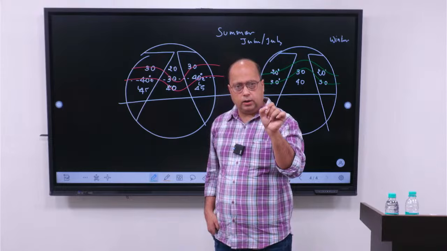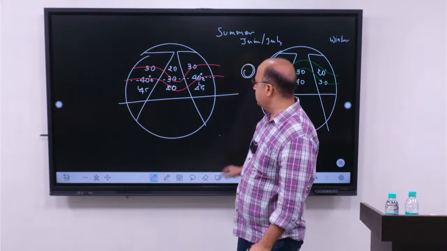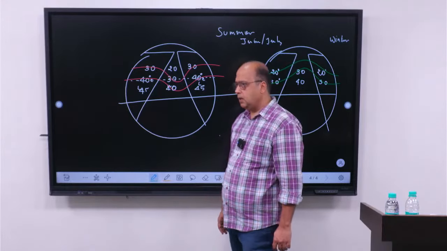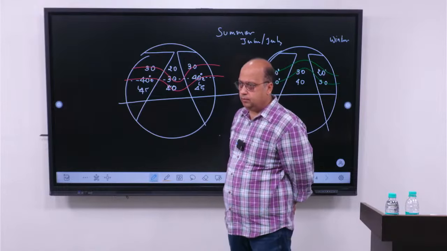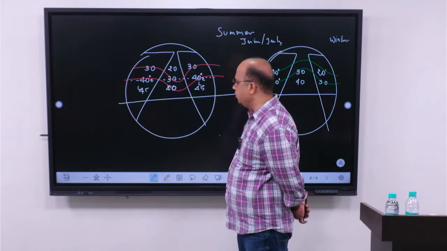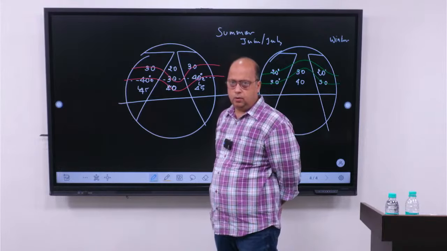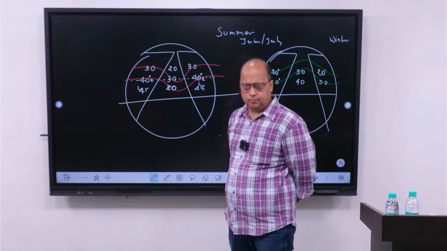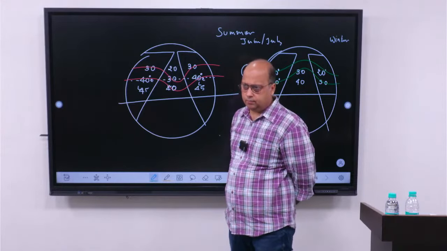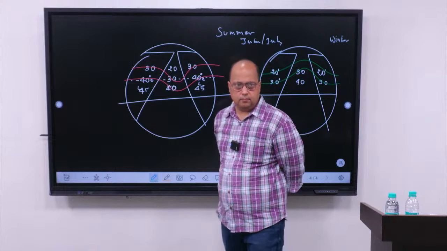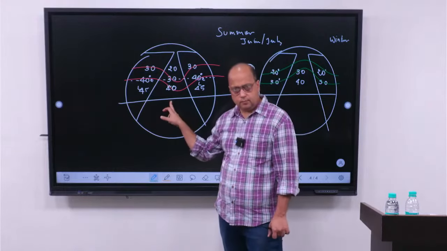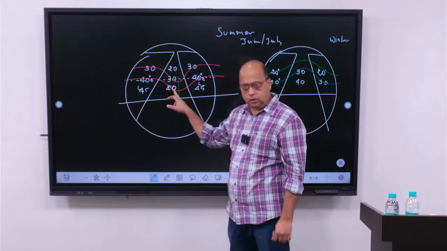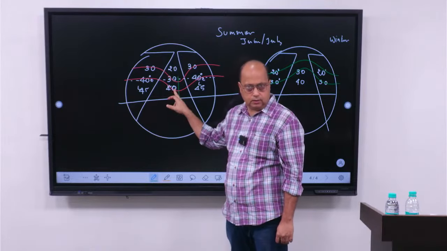To write: in summers in the northern hemisphere, isotherms bend towards the equator on ocean water, in brackets water bodies.